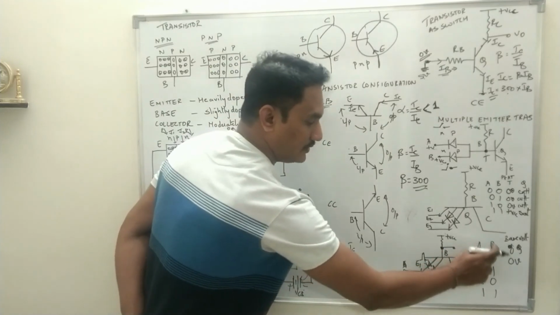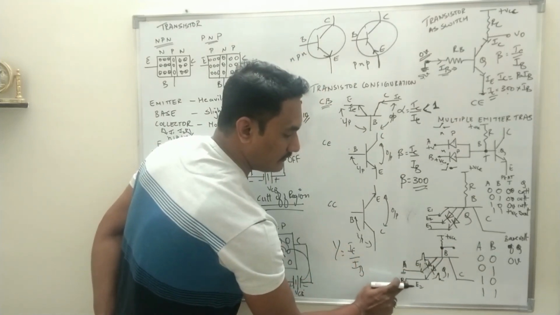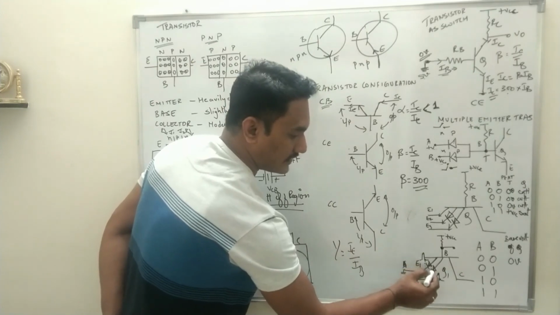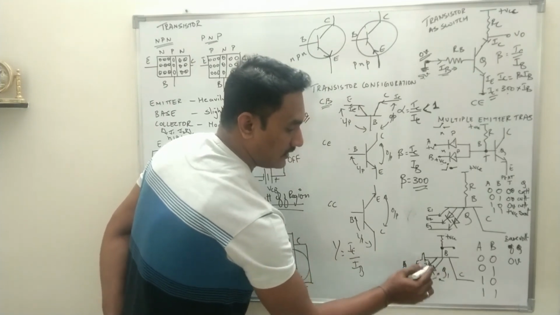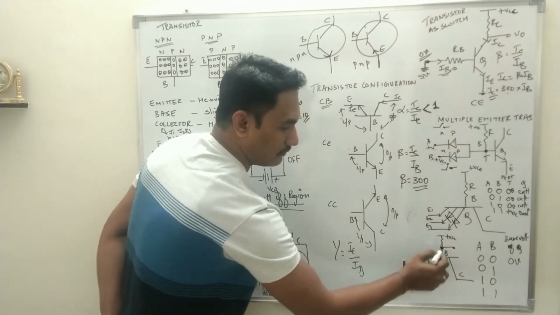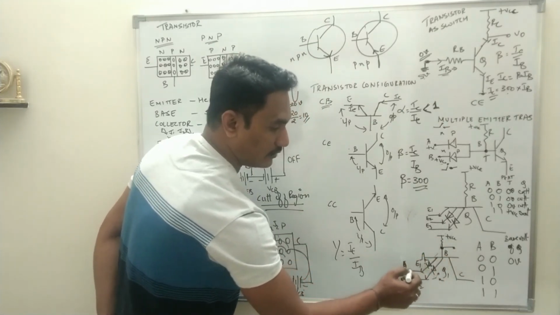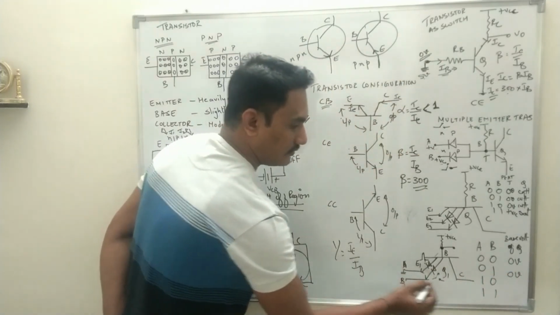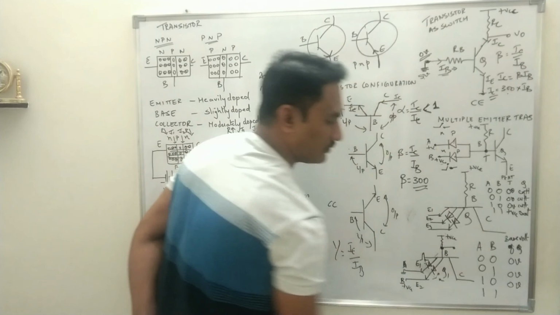Similarly, A 0, B 1, A is still grounded, B will be plus VCC. So now the upper diode is forward bias, lower diode is reverse bias. If any one of the diodes is forward bias, current will flow through that diode to ground. Base will be connected through the diode to ground, so base voltage will be 0 volt. 1 0, same condition will prevail, 0 volt.